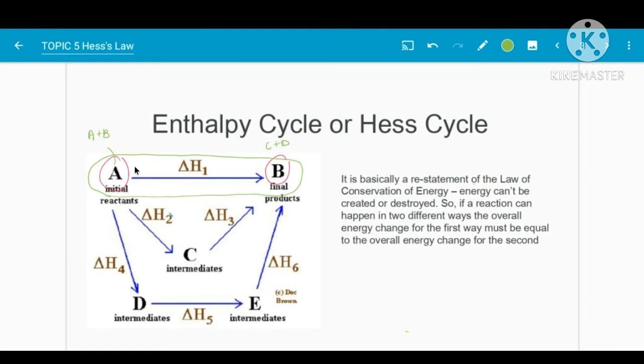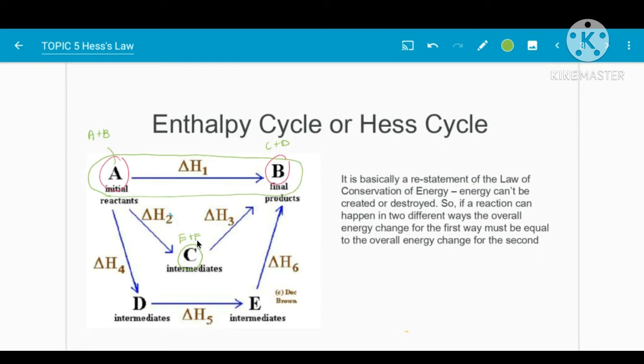But maybe A and B, when they react with each other, can also produce another product such as E plus F. When A and B produce E plus F, it will produce enthalpy change 2.